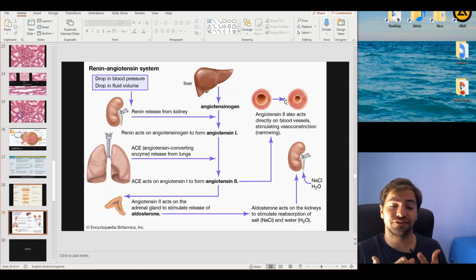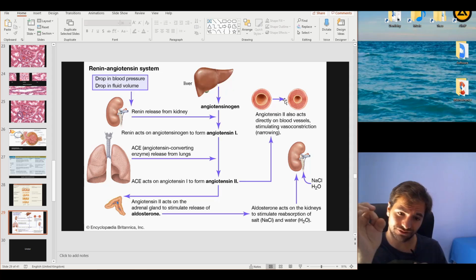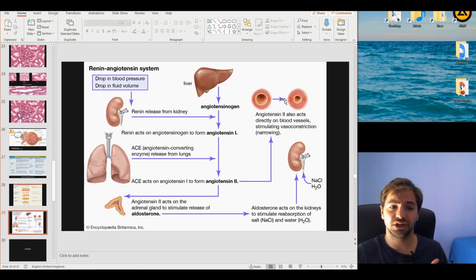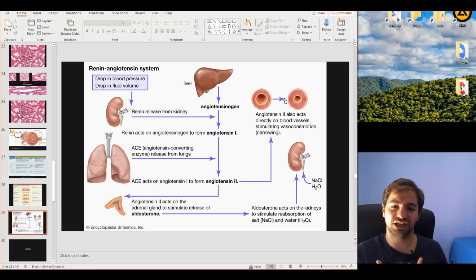So the first function and action of angiotensin 2 is to initially constrict the vessels to maintain the blood pressure. And the second is the production and secretion of aldosterone in the adrenal gland. As a consequence, what is aldosterone actually doing? Why do we care so much?